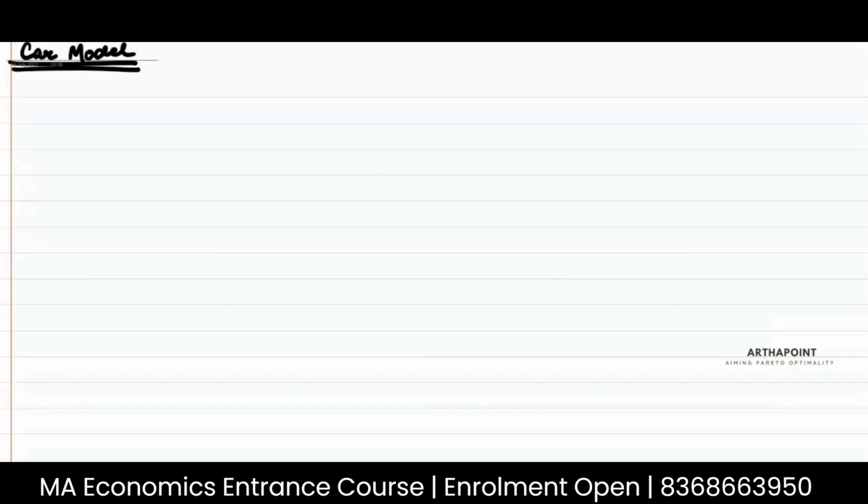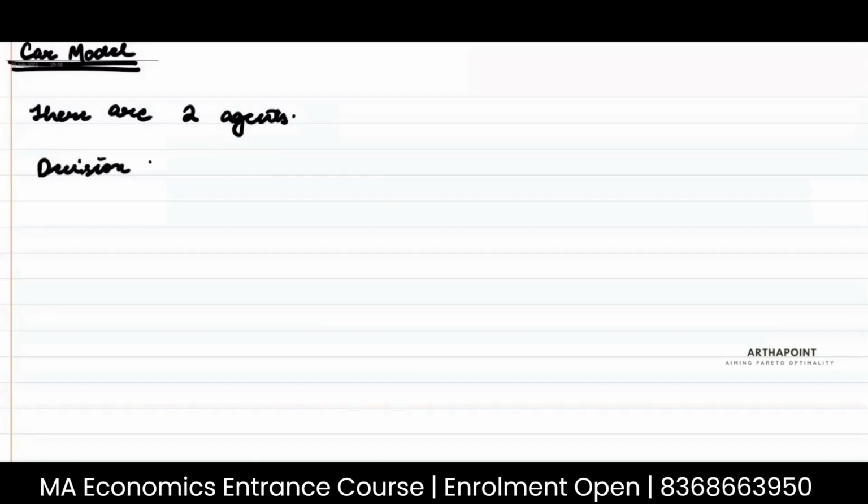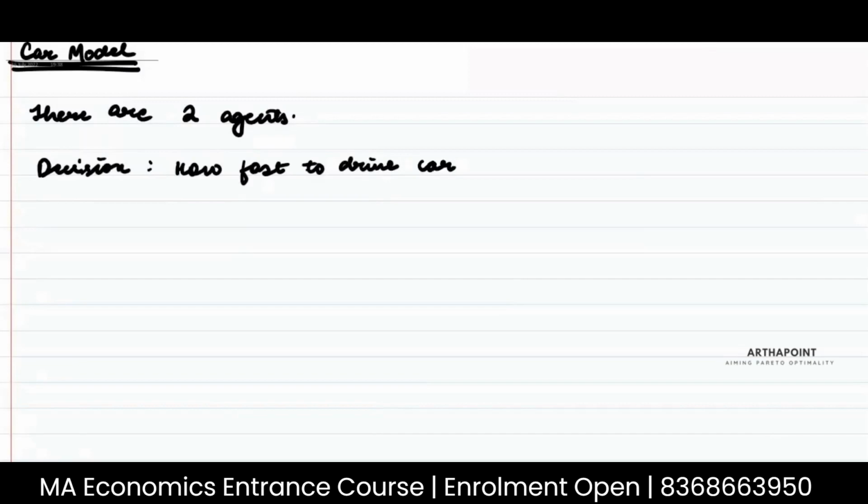So let's say that there are two agents, and the aim of these agents is to decide how fast they should drive the car. So the decision is how fast to drive the car.